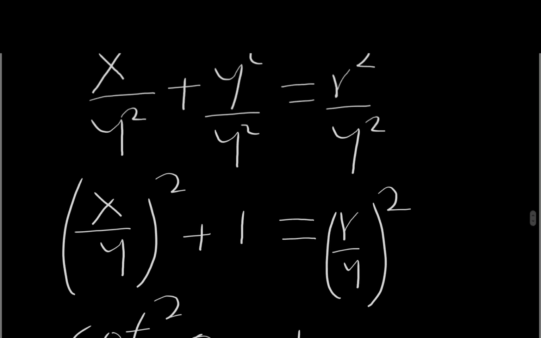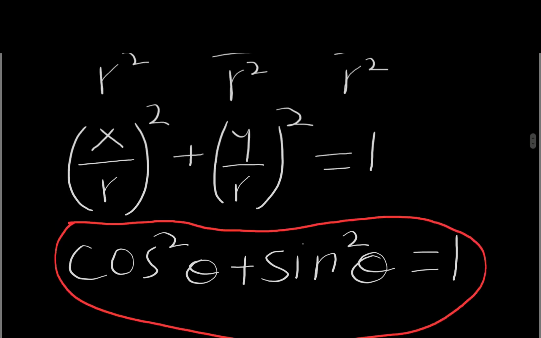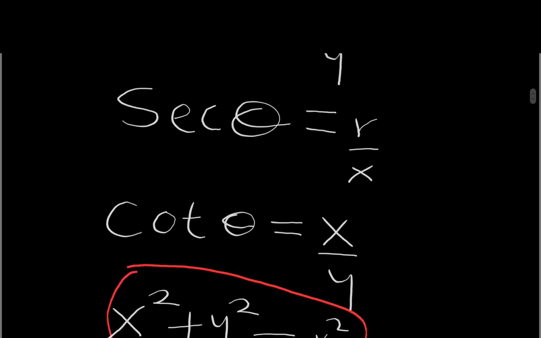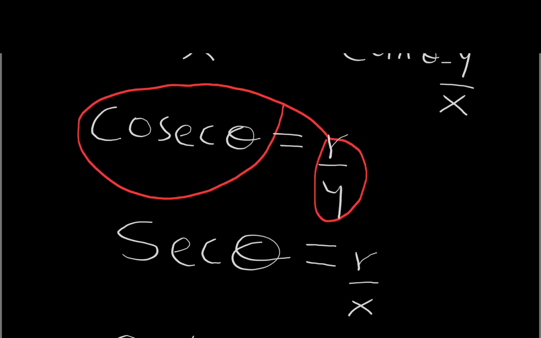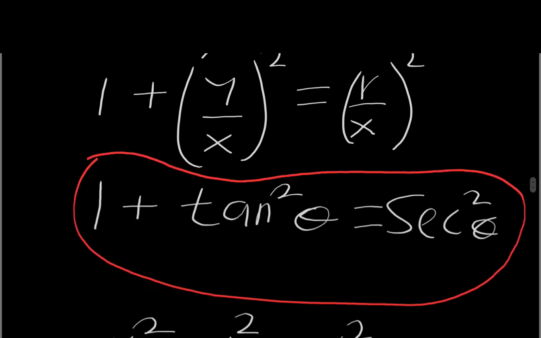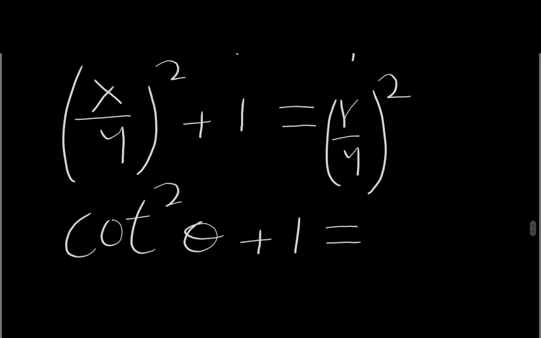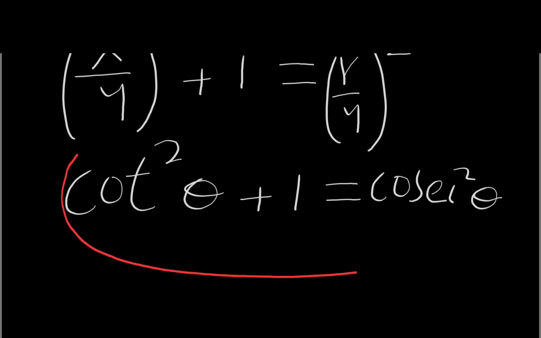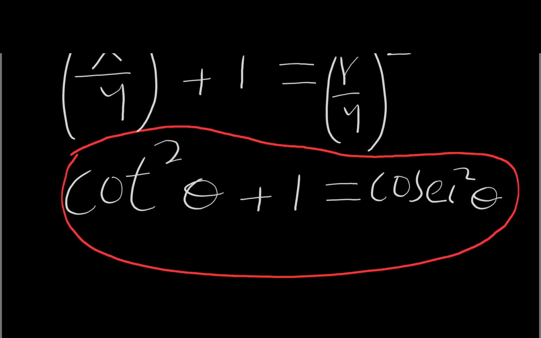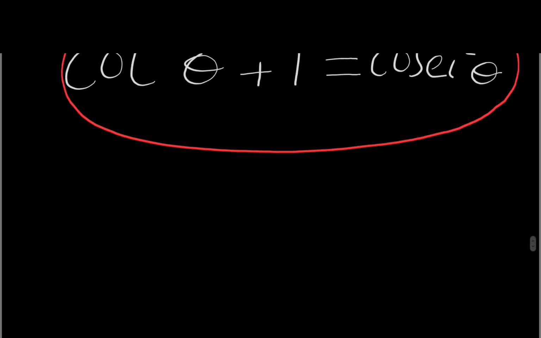What is our r over y? Let's check it and see. Clearly, r over y is cosec. So in place of r over y, I'm going to have cosec squared theta. And this is also an identity that is used in trigonometry.